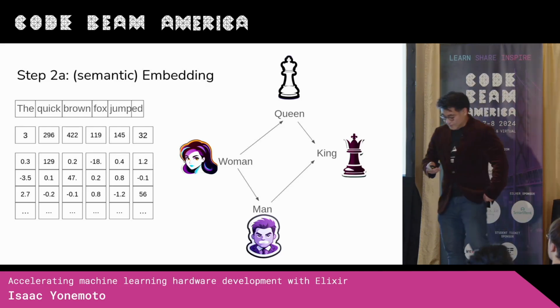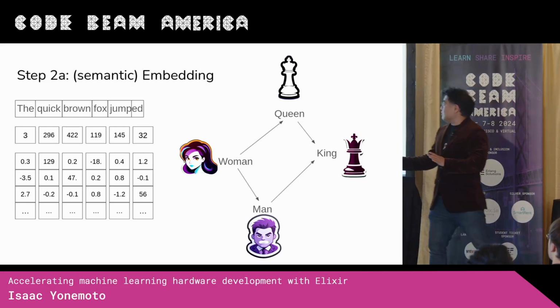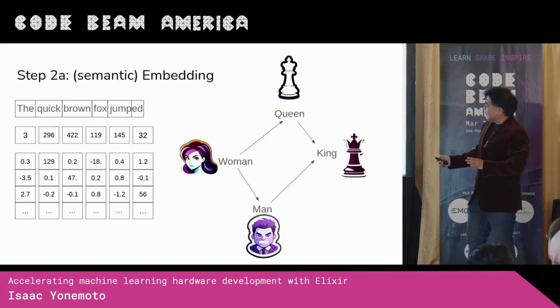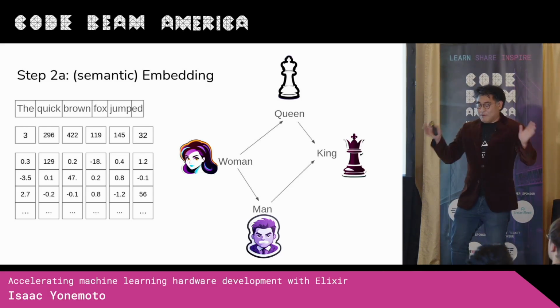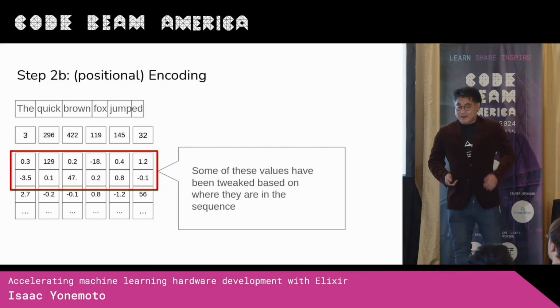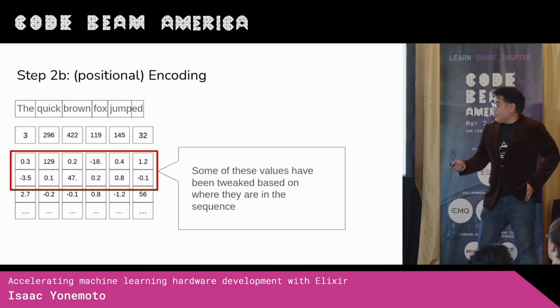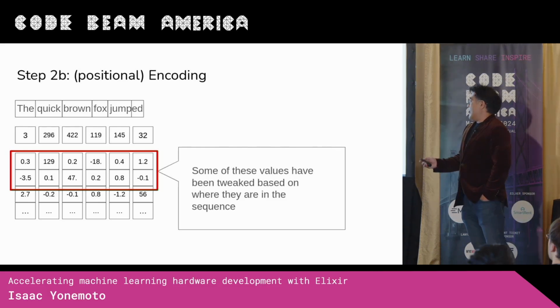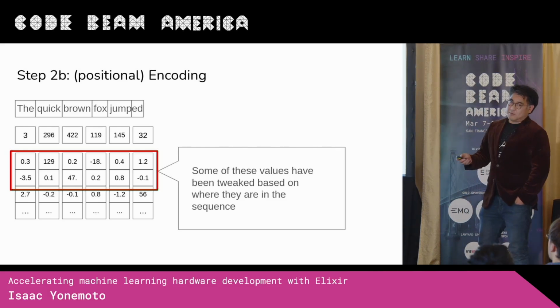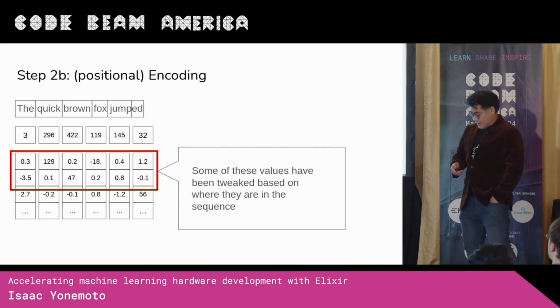So embedded inside of these vectors is some sense of meaning in a very large dimensional space. One step that I will not talk too much about is that these vectors are also further tweaked by something called positional encoding, and that just changes the values depending on where they are in the sequence.